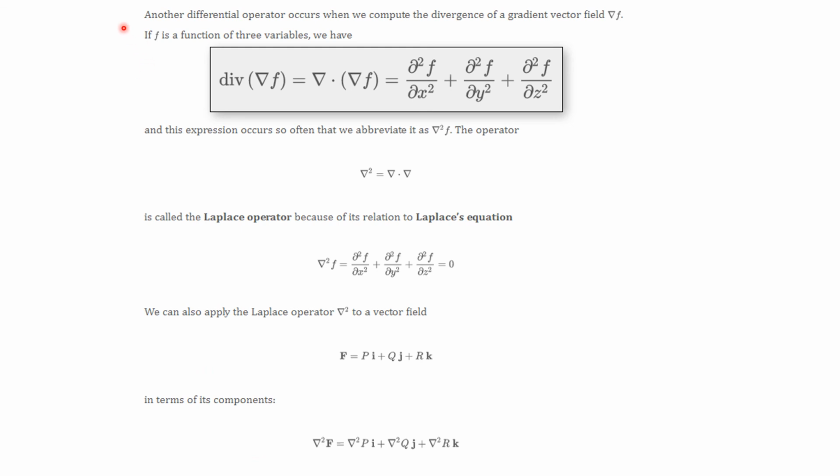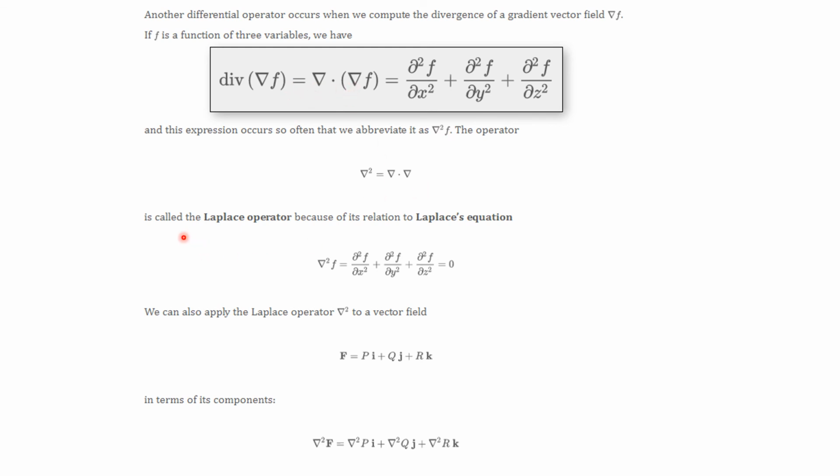There's another differential operator that we should mention in passing here, and this occurs when we compute the divergence of the gradient vector field. So the divergence of del F is del dot del F, and when you do the calculation, what you get is the sum of the second partials. Now often people will abbreviate this del squared, because you have del dotted with del.